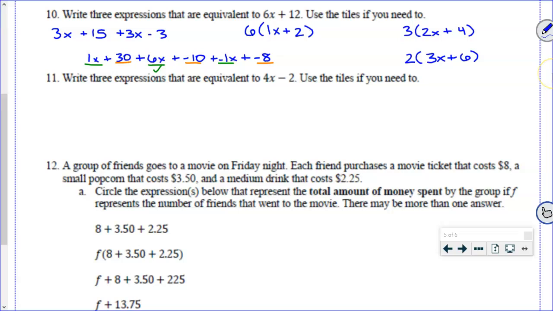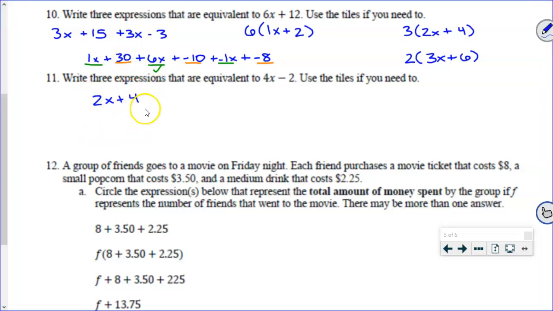Okay. So let's start with Timothy. Is the 2x plus 4 in parentheses? Right there next to the 4? 0.5, got it.